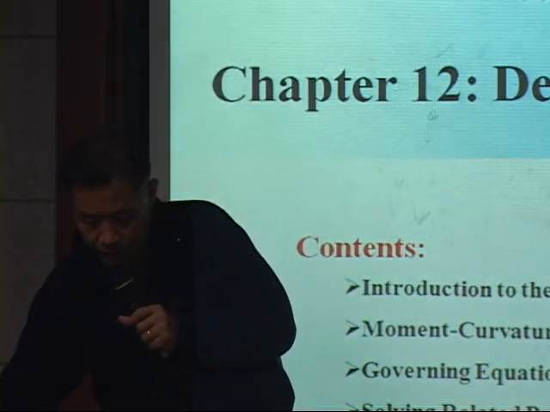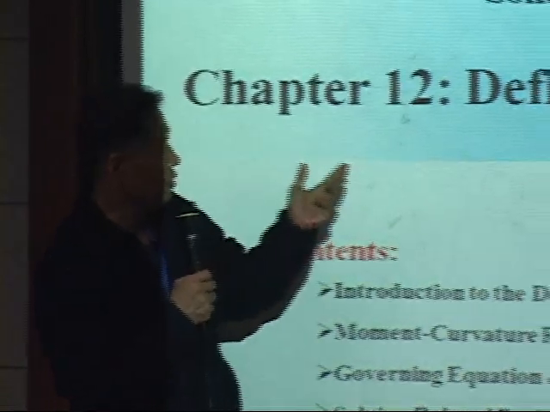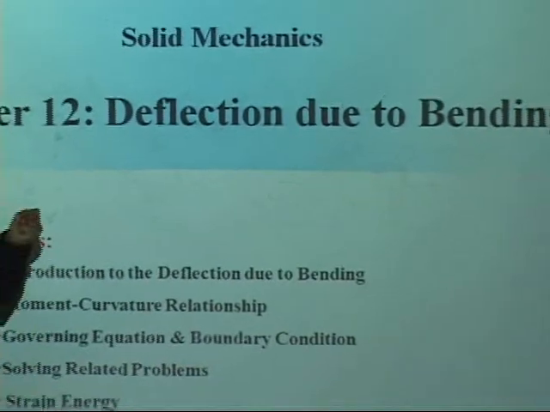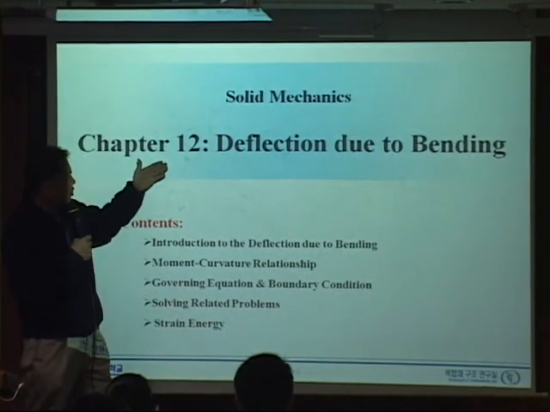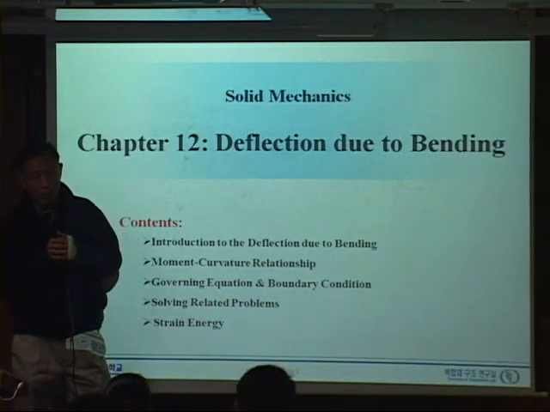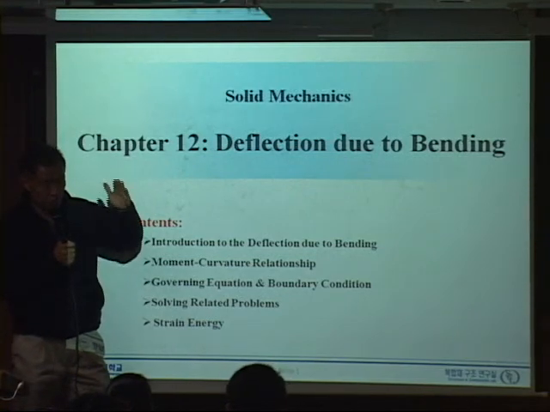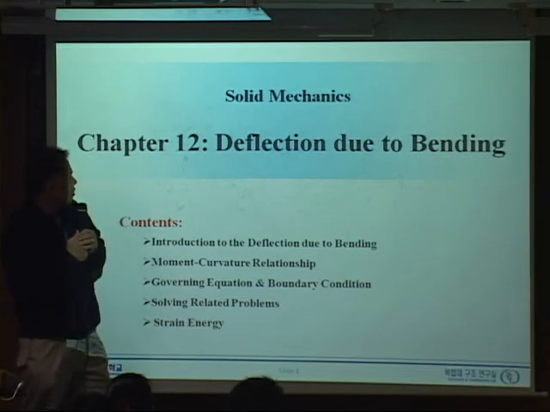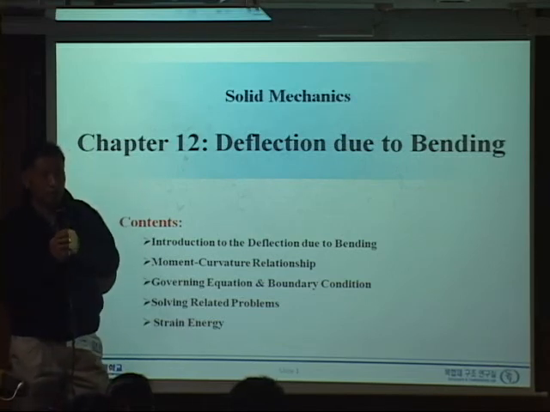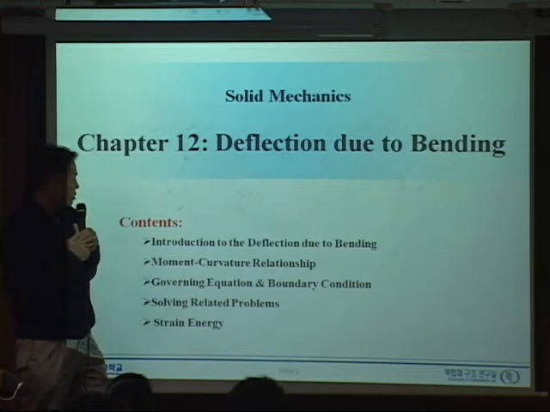So this chapter will be second to last one. After this chapter 12, we will have buckling, and for buckling we will just review the concept. But actually, this chapter 12 is the last chapter of this course.